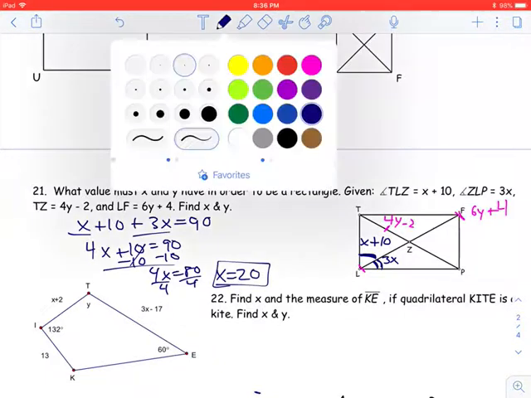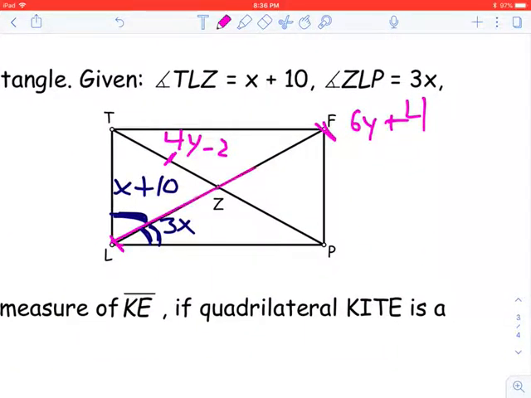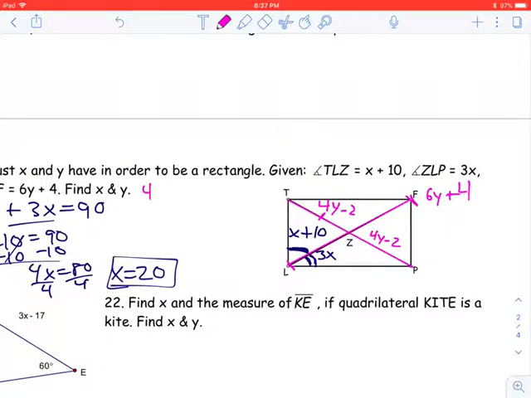Now looking at the pink, this whole thing is 6y plus 4. In a rectangle, the diagonals are congruent, so I can just add 4y minus 2 plus 4y minus 2 equals that whole thing. So 4y minus 2 plus 4y minus 2 equals 6y plus 4.